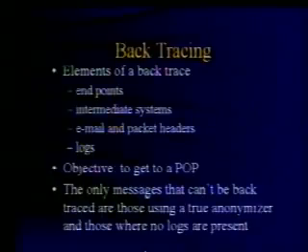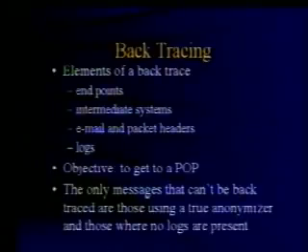When we backtrace, the elements of the backtrace are the endpoints of the trace, in other words the source and destination, any intermediate systems, and email or packet headers. Also, we're interested in logs. Our objective is to backtrace to a point of presence. Typically, that point of presence is going to have some sort of logging associated with it because it's usually a telco or an internet service provider or a cable provider.